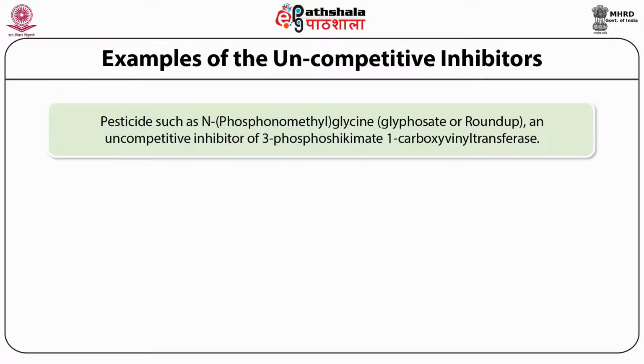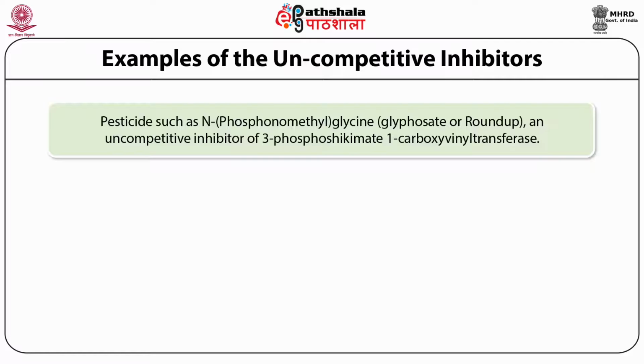As I have told you, this is a pesticide, so it will kill the pest, but at the same time it also kills the herbs when we are using that pesticide.